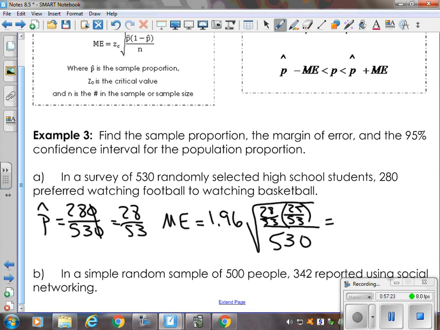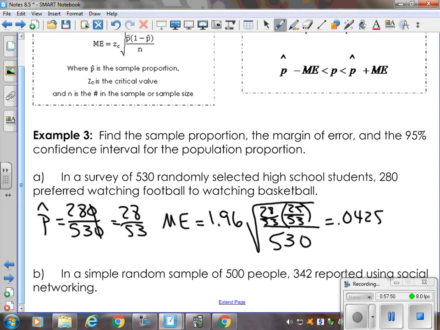And I think we should probably write at least 2 decimal places, probably. At least. Maybe 3. Let me see. 0.0425. Well, we could write that many. Did anybody else get that? Might want to round that off a little bit more than that, because our confidence interval only has 2.